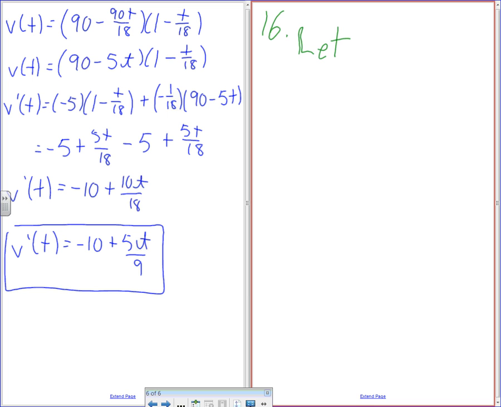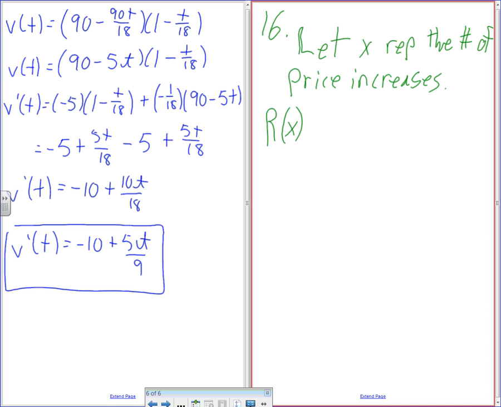Let x represent the number of price increases. Oh, it says n is the number of price increases.